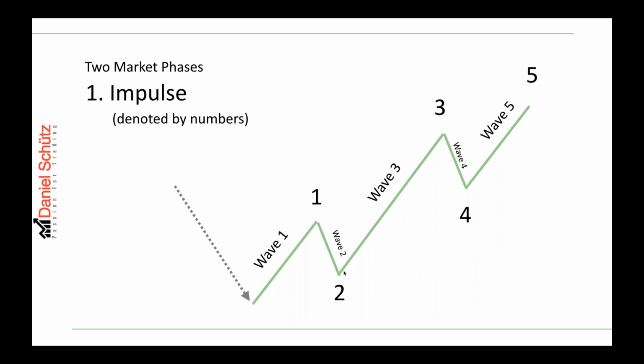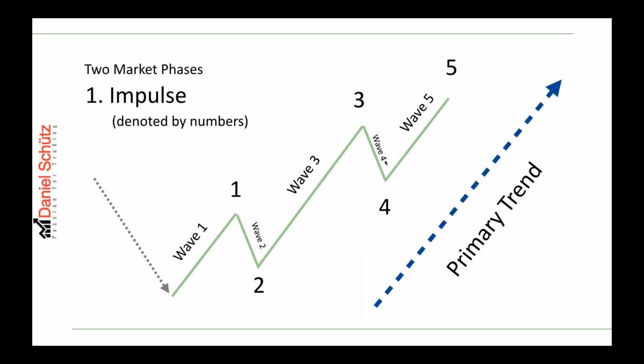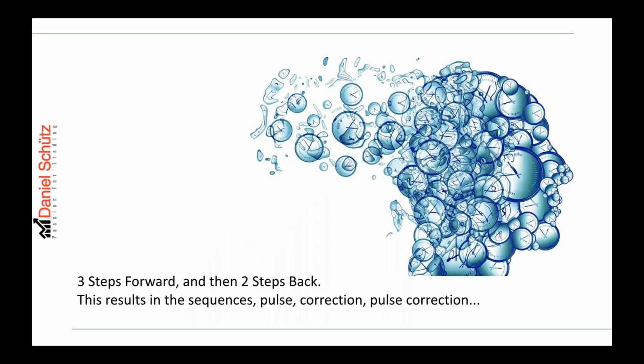So within that one trend or within that movement, we have different directions. We have directions going up and we have directions going down. So we have a long, we have a short, we have a long, we have a short, we have a long. We have an impulse, we have a correction, we have an impulse, we have a correction, and we have an impulse. So the primary trend is up at that moment.